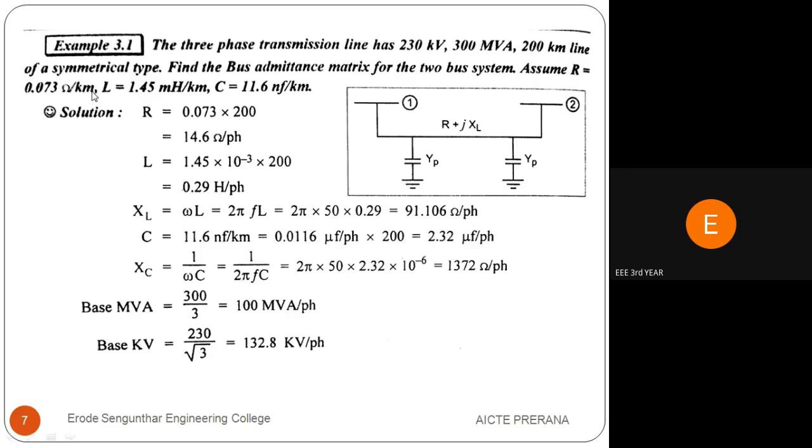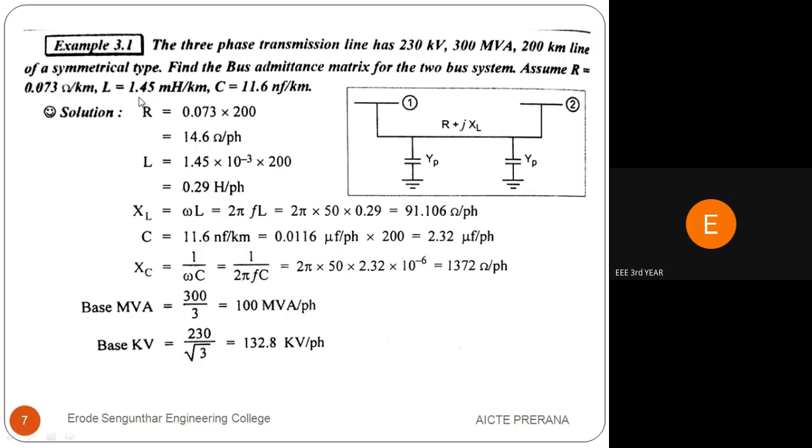Why? Because in the question they have given ohm per kilometer, and that should be converted to ohm per phase. So we multiply the resistance R equal to 0.073 by 200, and we will get 14.6 ohm per phase.